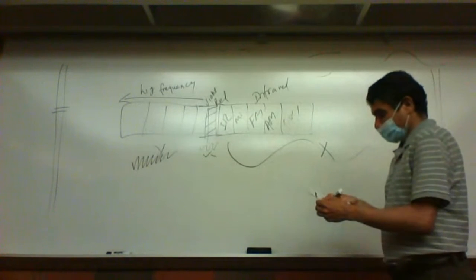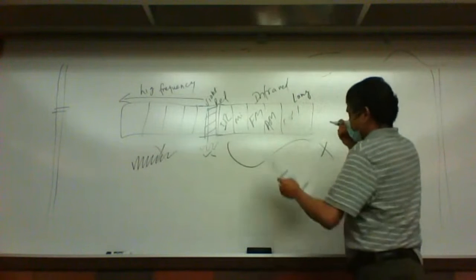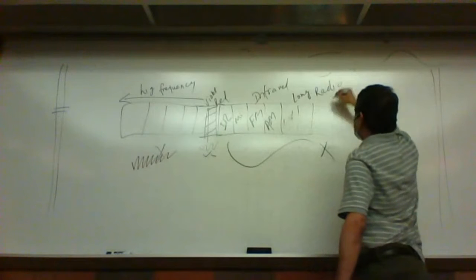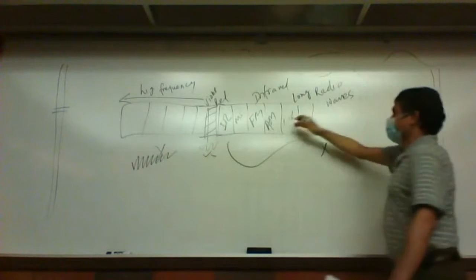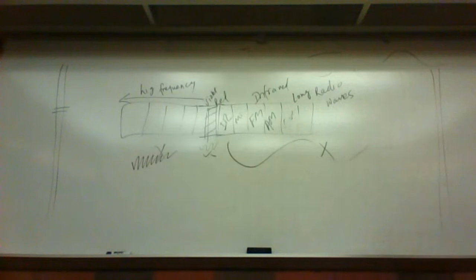And then there are many long radio waves. So there are other kinds of radio waves that you can capture. If you buy a radio and turn the knob to capture those frequencies, you just need to change the number there, right?